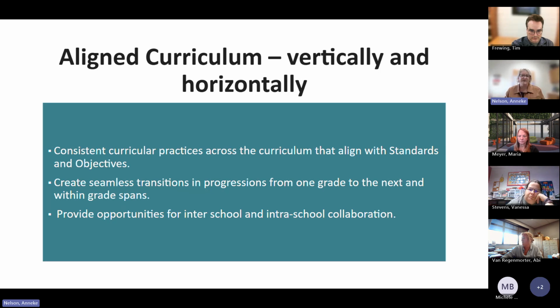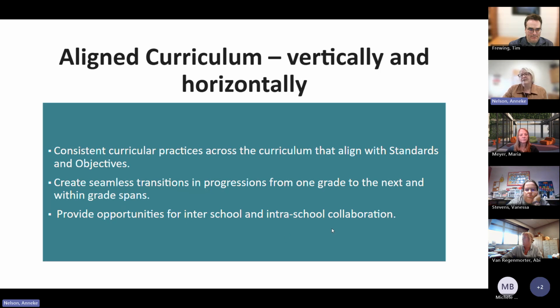This is also important if you're moving from one building to another, from elementary to middle school to high school. How are we assured that our curriculum is aligned across those settings, so there isn't a gap where students are expected to know something at the middle school level that they weren't taught at elementary school?